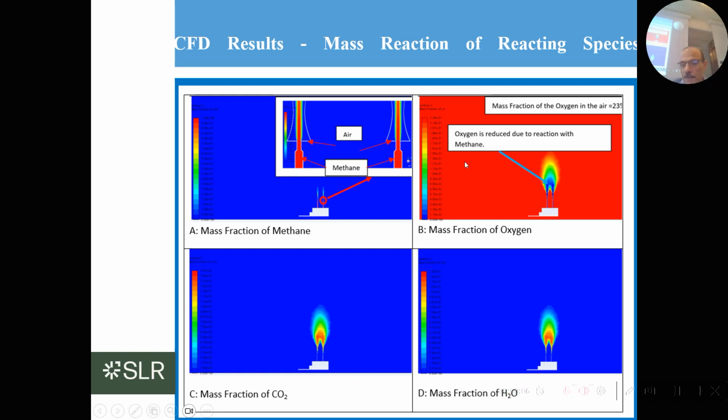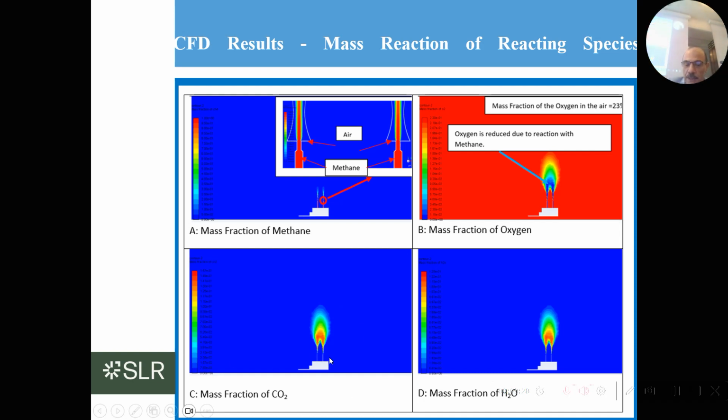And figure B showing the mass fraction of O2, it is in the air 23% as per the given boundary condition, but where the reaction has occurred, you can see the oxygen is reduced in the combustion chamber and above the flare tip as well.